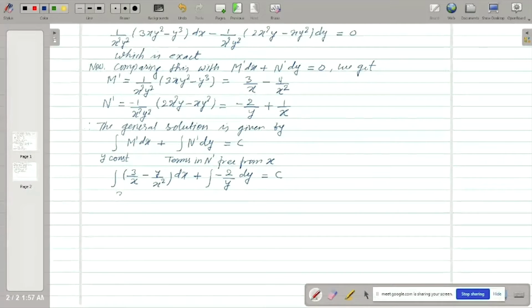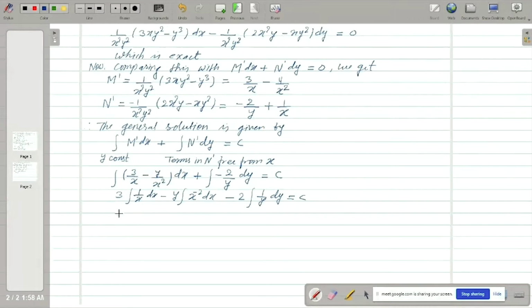Now just integrate it. 3 is constant, we take it outside, so 1 upon x dx, minus y is constant, taking outside, x raised to minus 2 dx, and minus 2 constant outside, integration of 1 upon y dy equal to c.